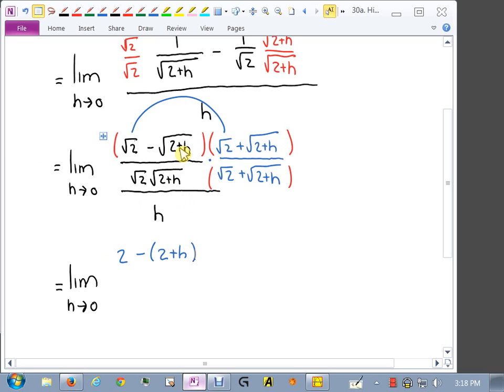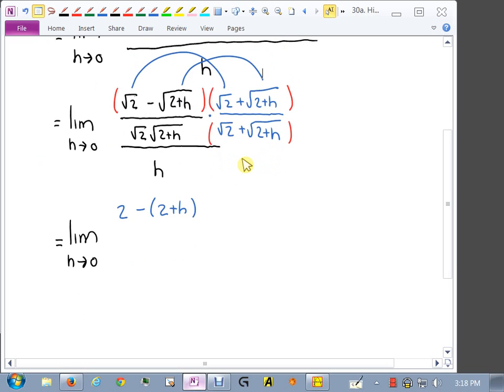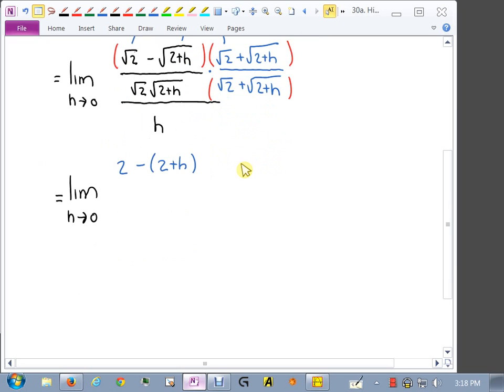Because that last multiplication, these two, when you do that, you get a 2 plus h, but you're subtracting the 2 plus h, so you've got to put it in parentheses. All over that ugly thing, which was root 2 plus h, then in parentheses, root 2 plus root 2 plus h, and then all of this over h.